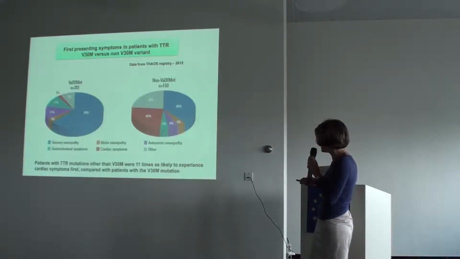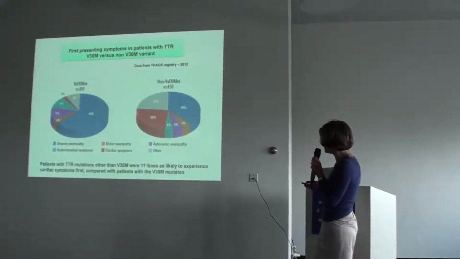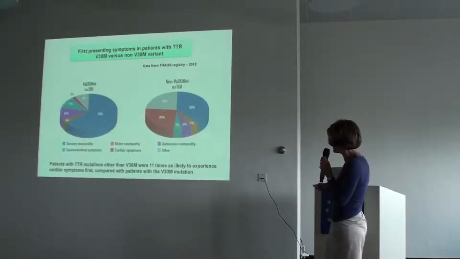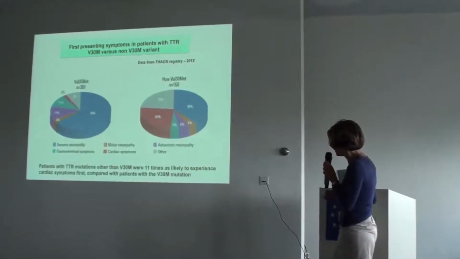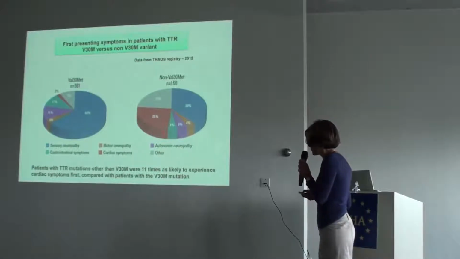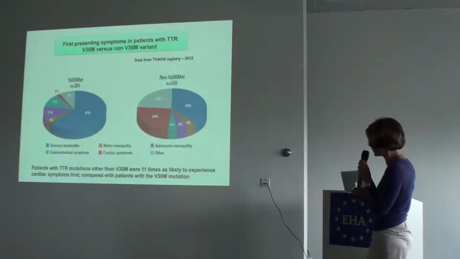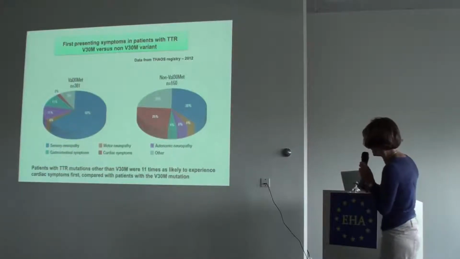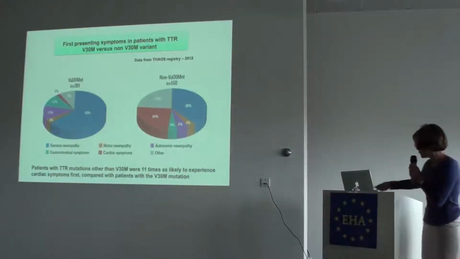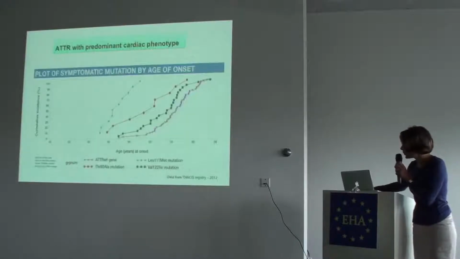And what we can see is that clearly patients with non-V30M mutations have much more cardiac involvement, and they present with cardiac features much more frequently, 11 times as likely to experience cardiac symptoms first compared to V30M patients. Those patients are also much older.